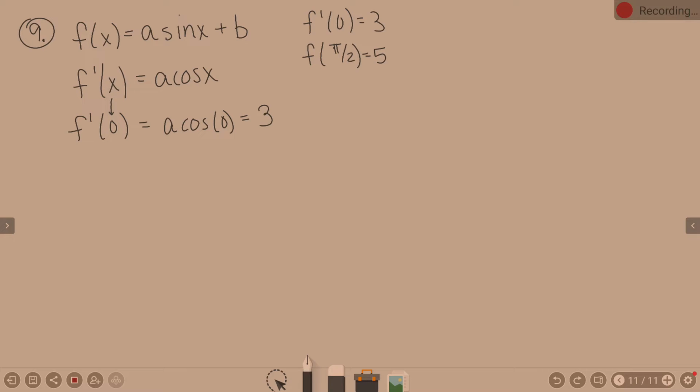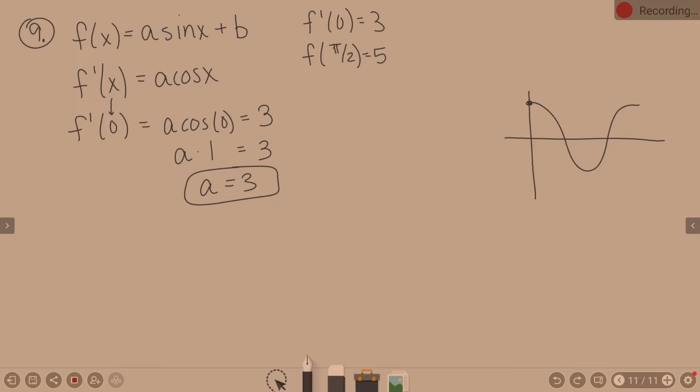What is the cosine of 0? Cosine of 0 is 1. Okay, so this says that a times 1 is equal to 3. Or in other words, a equals 3.